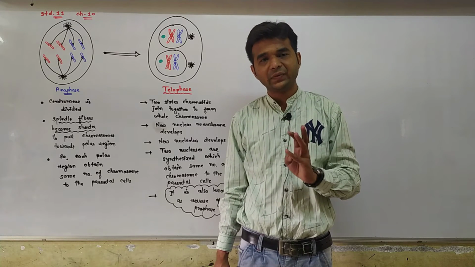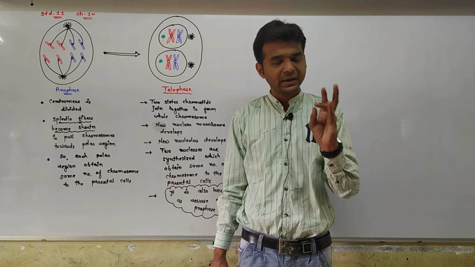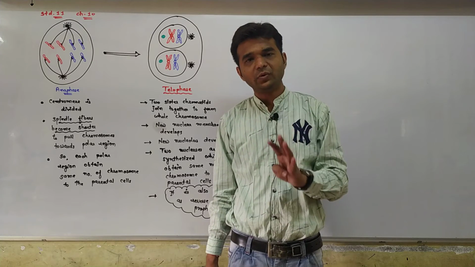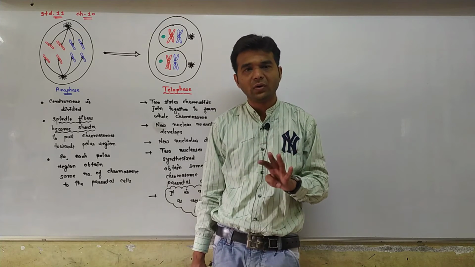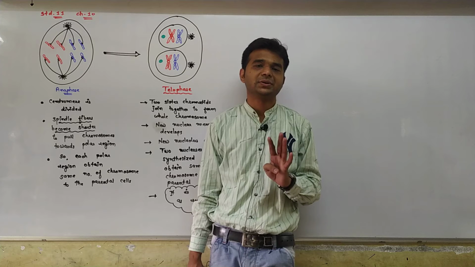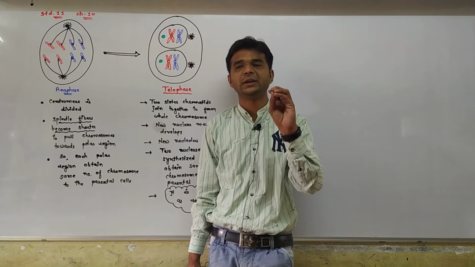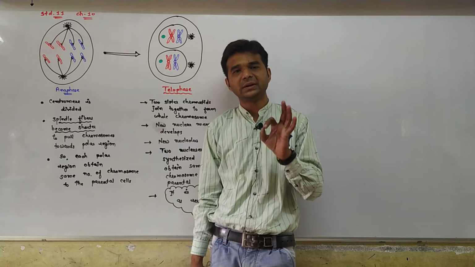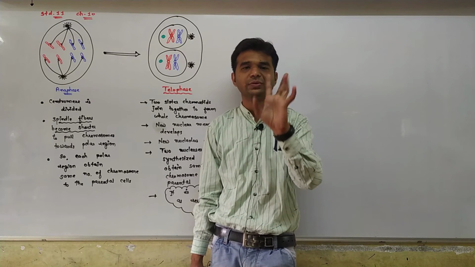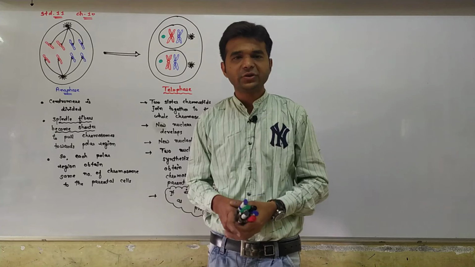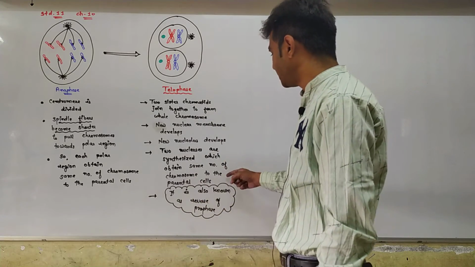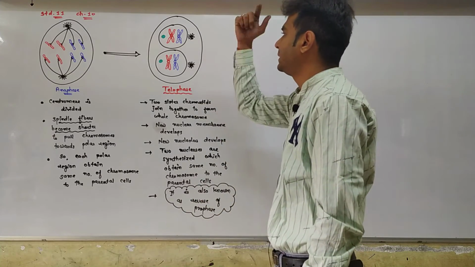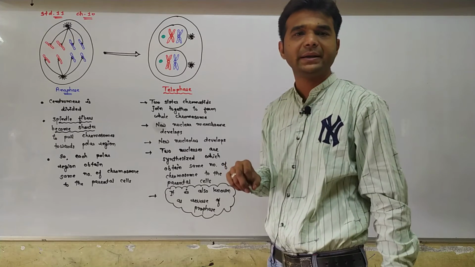Here you know that prophase, metaphase, anaphase and telophase, these four phases are of karyokinesis, meaning division of the nucleus. Now at the end of the telophase stage, two nuclei are formed which obtain the same number of chromosomes as the parental cell.